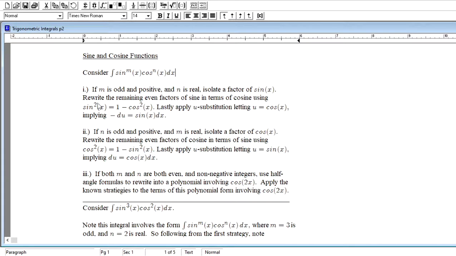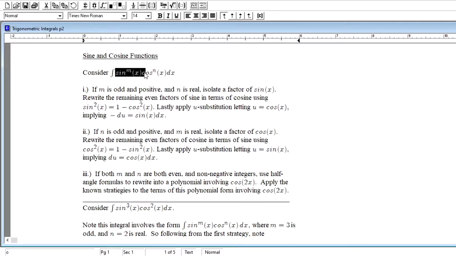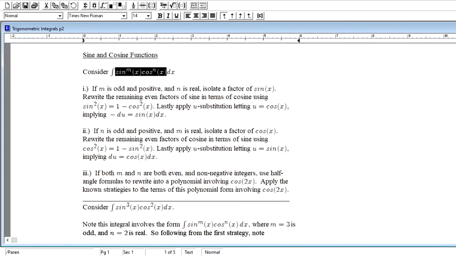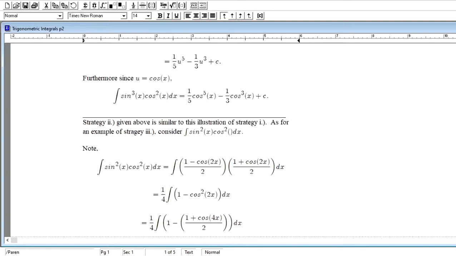All right, folks. So if it does not fit one of these conditions for m and n for a sine of m of x times the cosine of n of x, then you might consider rewriting it, if it's a sine over a cosine case, into a case of tangent times secant, or if it's a case of a cosine over a sine situation, you might consider writing it into the case of a cotangent times a cosecant, where we do follow with those strategies.